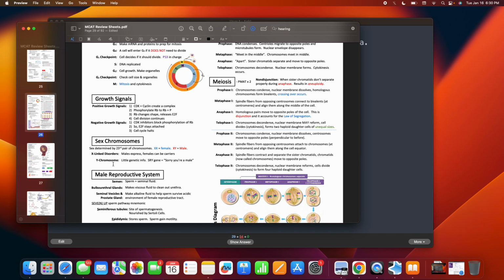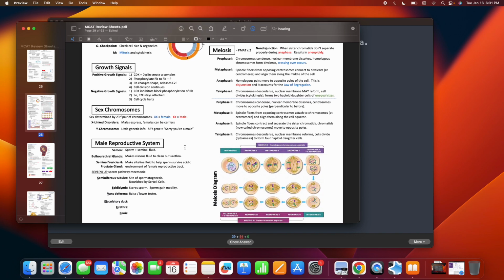Y chromosomes have little genetic information, and they are in males. And the SRY gene is, sorry, you're a male. So the gene responsible for us being males is the sorry gene. That is sexist for sure.